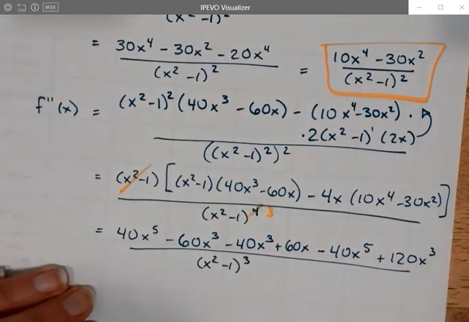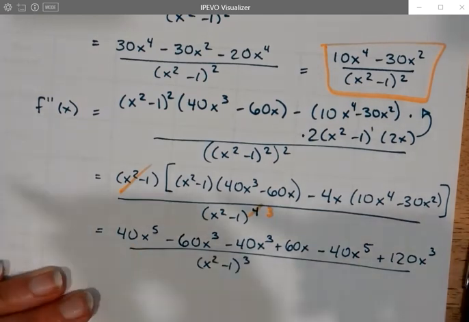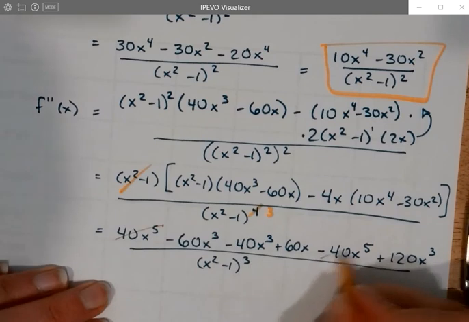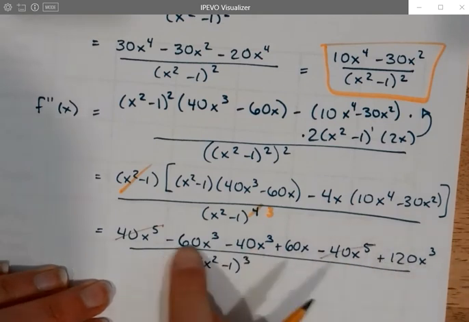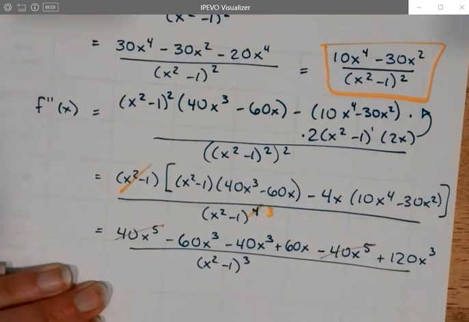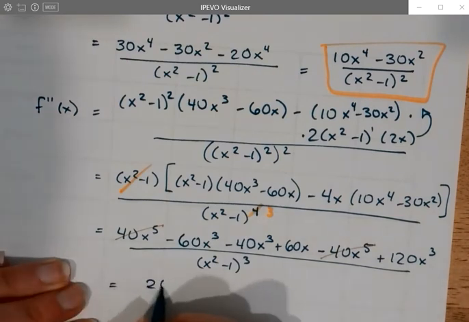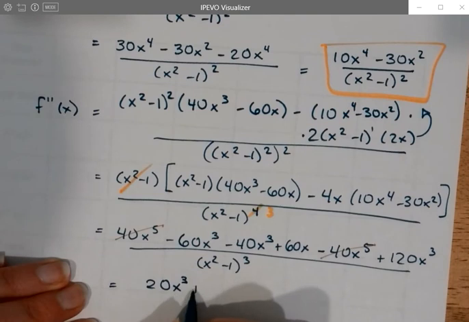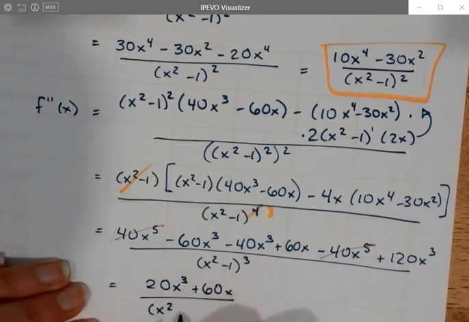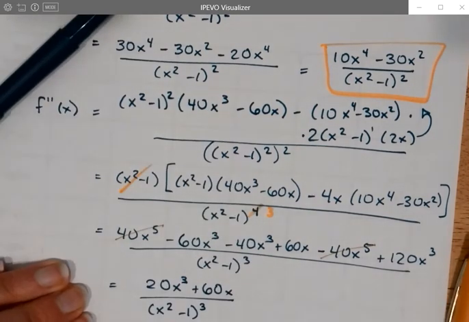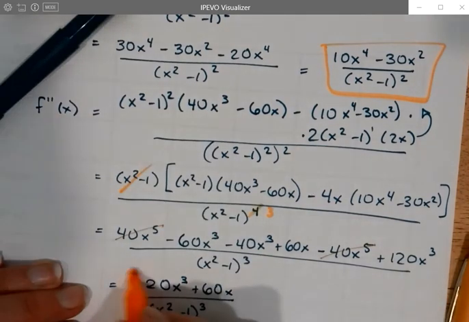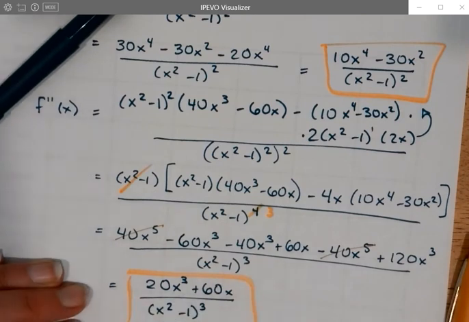Continuing trying to get our like terms simplified here, we are going to subtract our 40x to the fifths, and then I have a negative 100x cubed right here and a positive 120x cubed, leaving us with 20x cubed plus that 60x over the x squared minus 1 to the third power. So that should be our second derivative simplified.